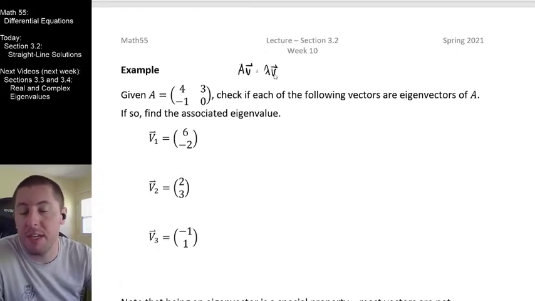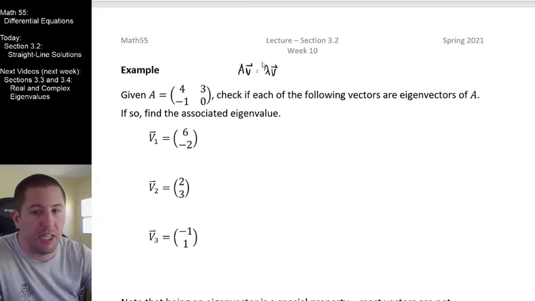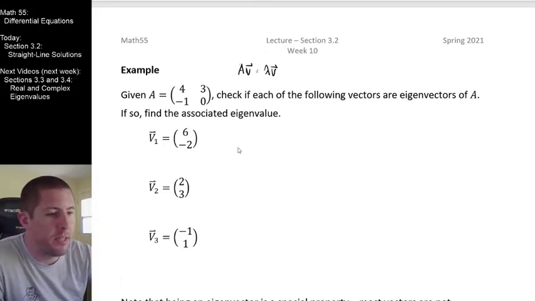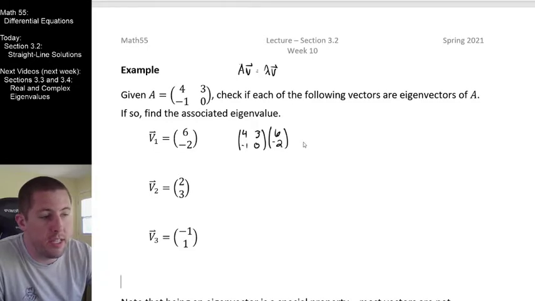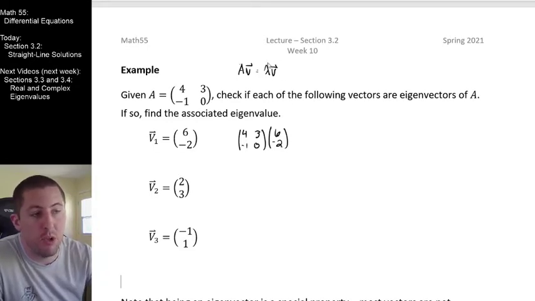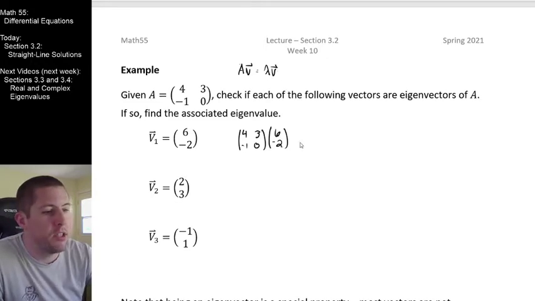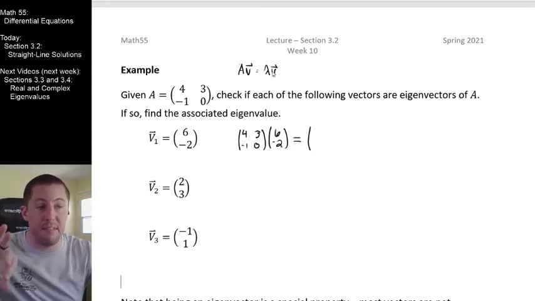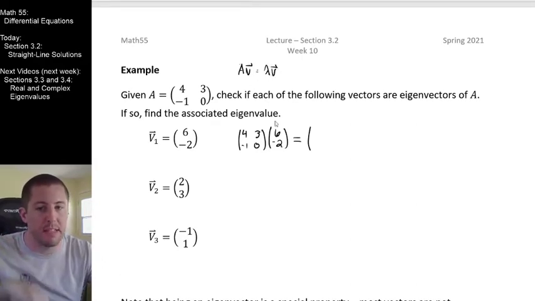This is the relationship that defines the eigenvalue-eigenvector relationship. So I'm going to set this multiplication up: 4, 3, negative 1, 0 times 6, negative 2. And the question is, could this possibly be equal to a constant multiple of 6, negative 2? So let's do the matrix multiplication. I'm still on the left-hand side of the equal sign. I haven't gotten to the lambda part yet. I'm just evaluating my left-hand side.